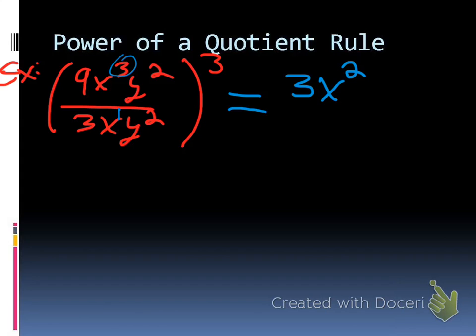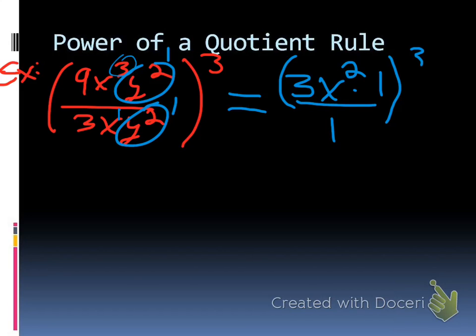And then I've got this y squared over y squared, which is just 1, so that's times 1. Do I have anything left on the denominator? I don't think so. I think I've just got 3x squared, over 1, cubed.